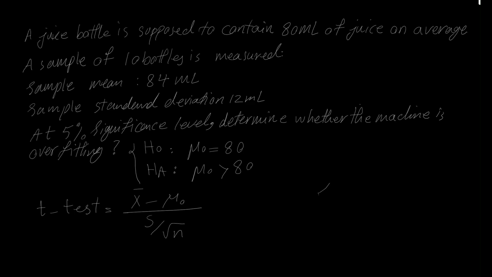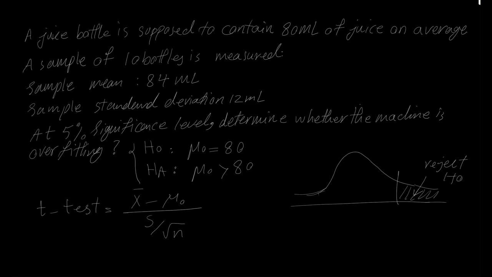We have t-distribution. That means that if this is my distribution and I'm looking for mu greater than 80, it means that it's right tail. So this is the rejection area.